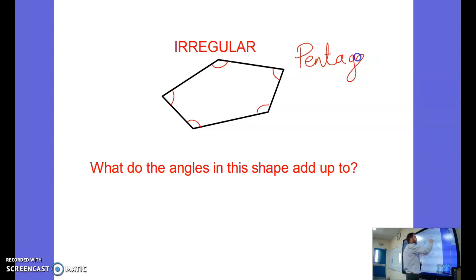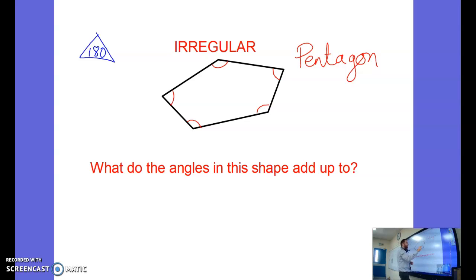So that's helpful. But I can't exactly work out what all of those angles add up to. I do know that a triangle adds up to 180 degrees. And if you know that a triangle adds up to 180 degrees, we can use that fact in irregular polygons.